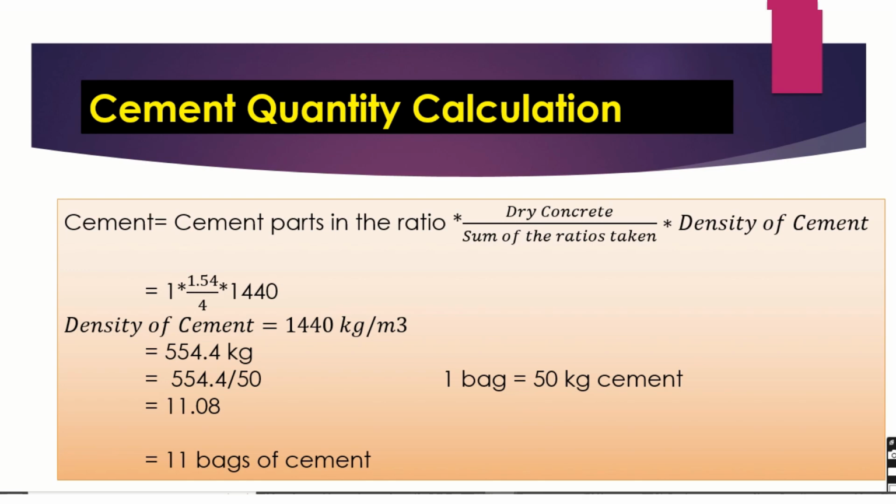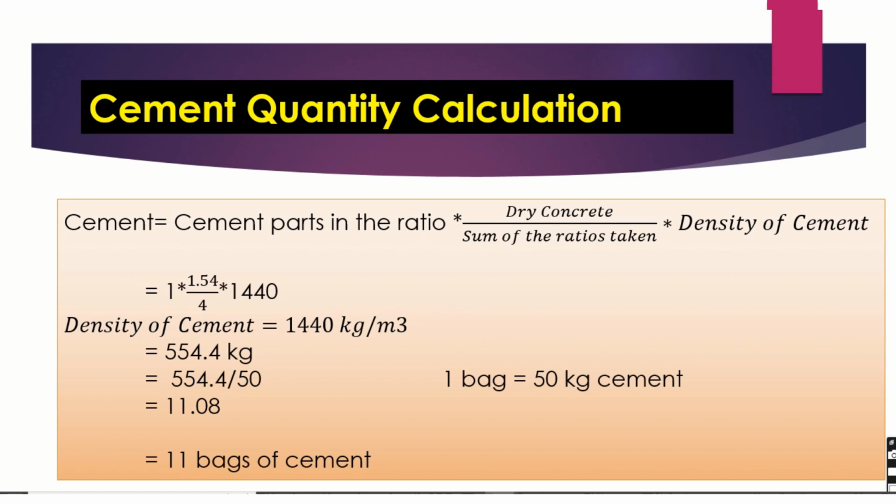Now let's calculate cement quantity. For calculating cement quantity, we need this formula: cement parts in the ratio, multiplied by dry concrete, then by the density of cement, and divided by the sum of the ratio.